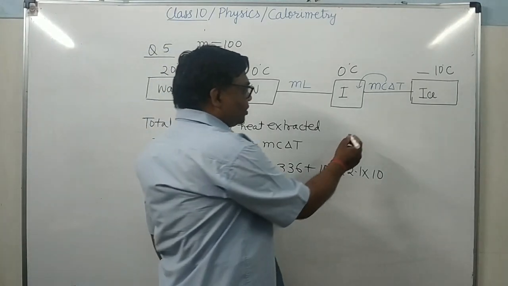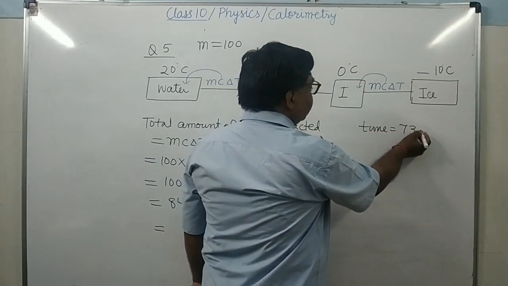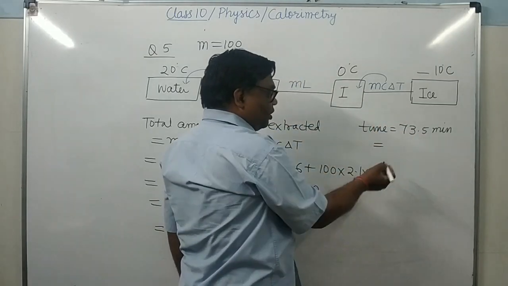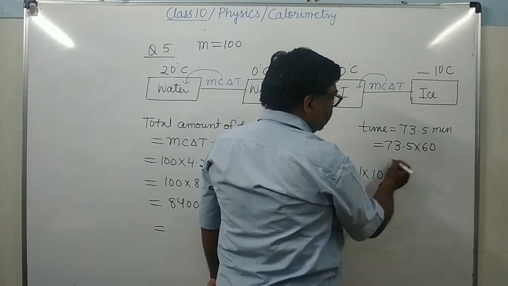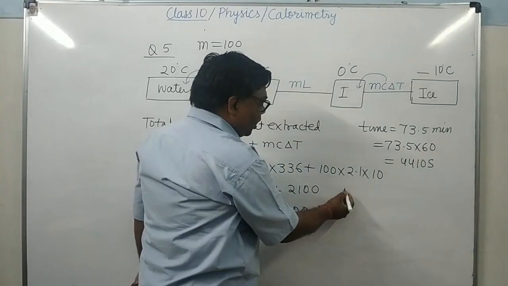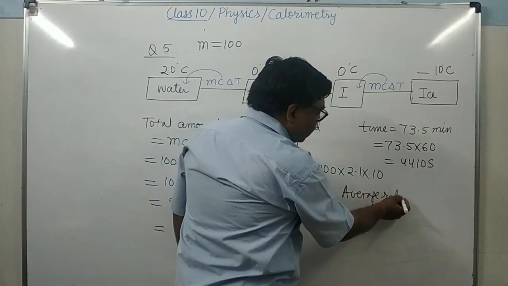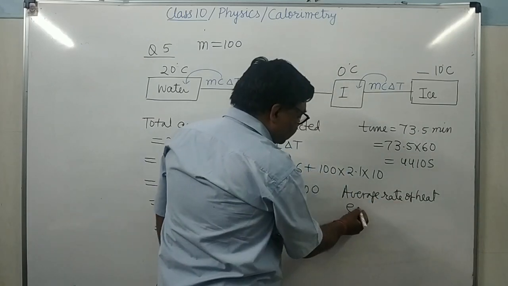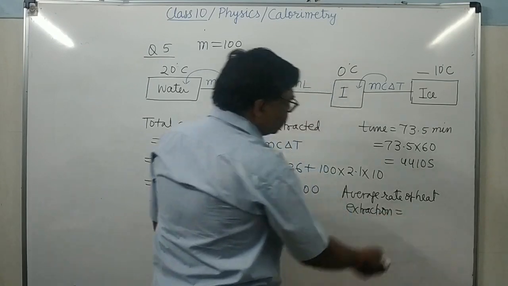Now this heat is extracted in how much time? It is extracted in 73.5 minutes. So you calculate in seconds, 73.5 into 60, that is 4410 seconds. So what is the meaning of average rate of heat extraction?